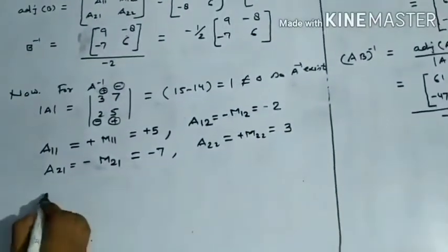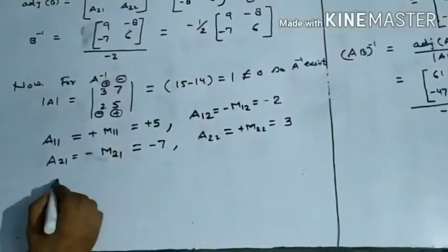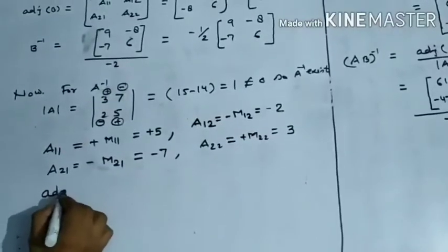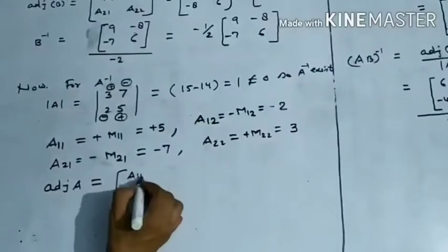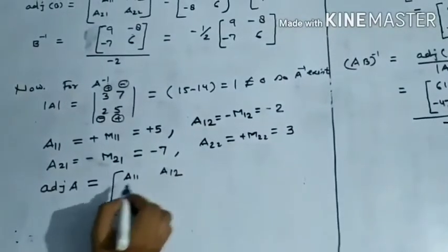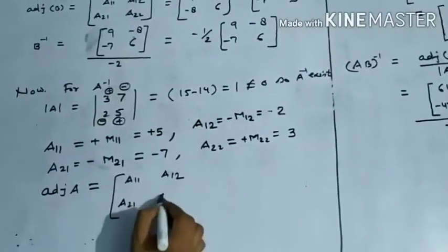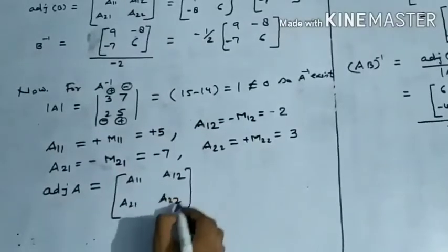Now after that we want to find out adjoint A. So adjoint A is equal to A11, A12, A21, A22, and then the transpose.